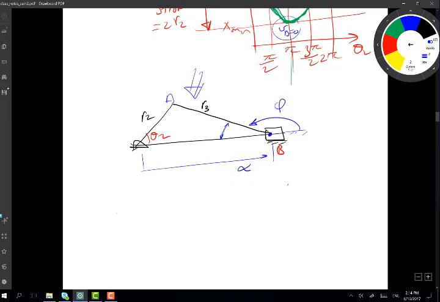But for some reason, when I looked at the linkage, I decided to take phi because if phi is increasing, then this means R3 is actually rotating counterclockwise, and because phi is increasing, I get a positive angular velocity, because the displacement is increasing, which makes sense to me. So normally, if the velocity is counterclockwise, we take it as positive.